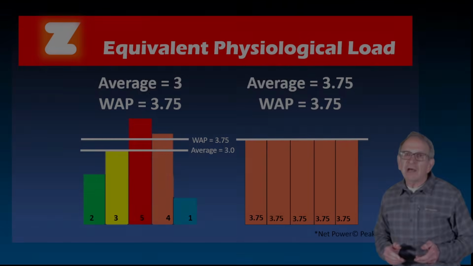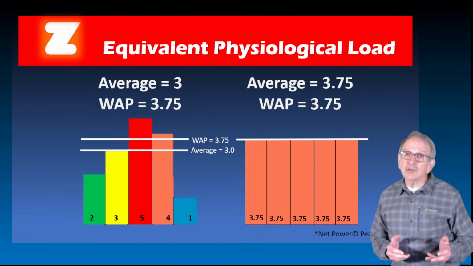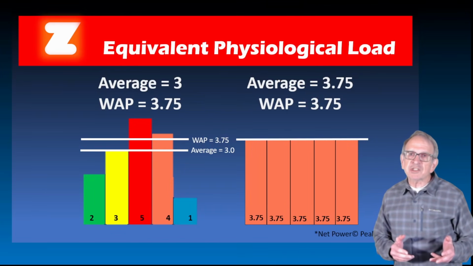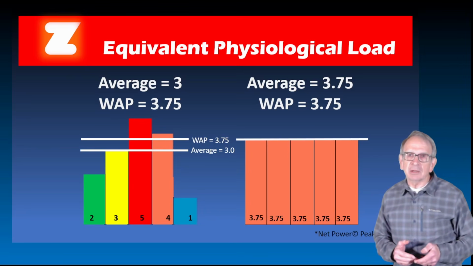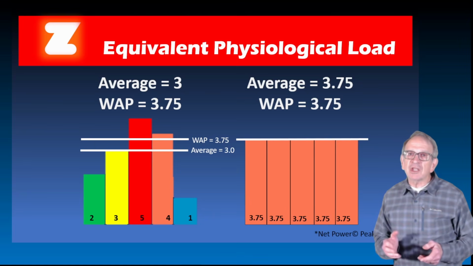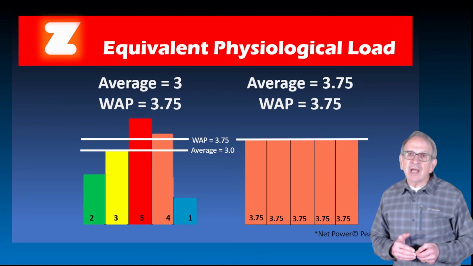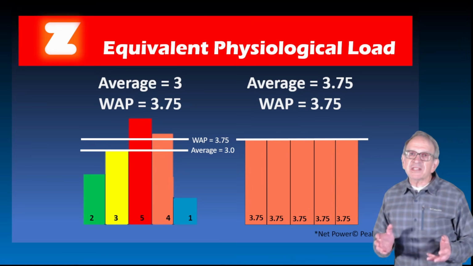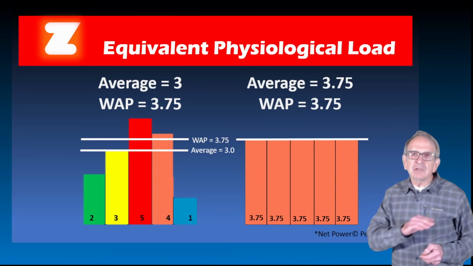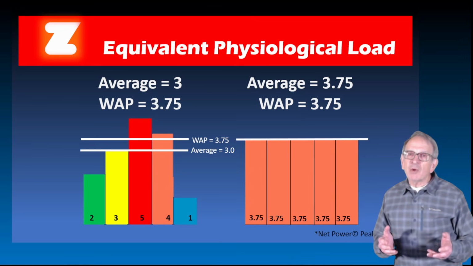Now, let's go back to that chart that I used to demonstrate the difference between average power and weighted average power. In that case, the average power was 3 and the weighted average power was 3.75. Now, I'm going to point out the obvious. The average power and the weighted average power will be the same if you rode at the same level for the whole period. Now, why point that out?